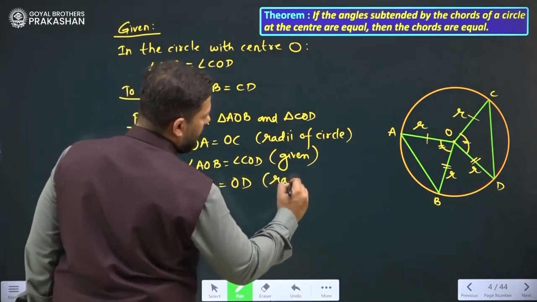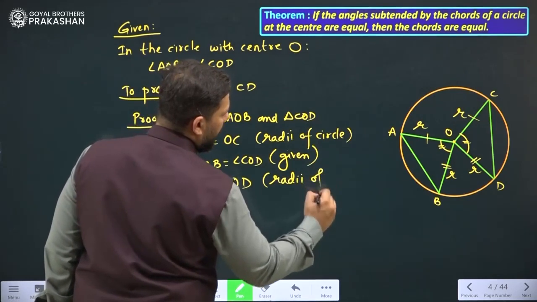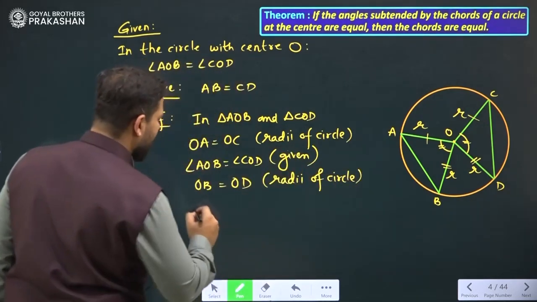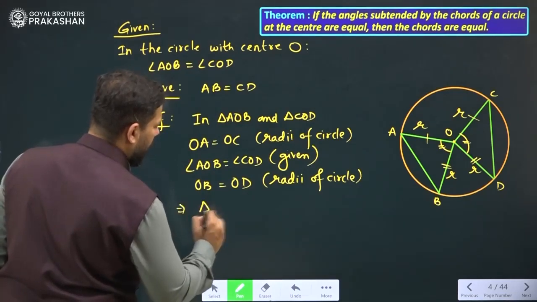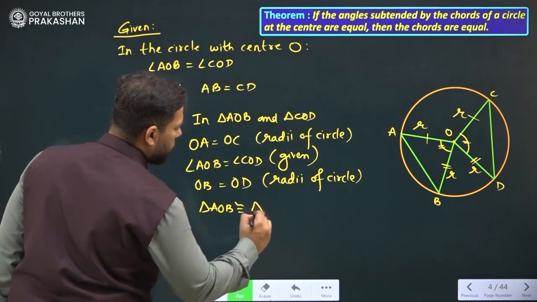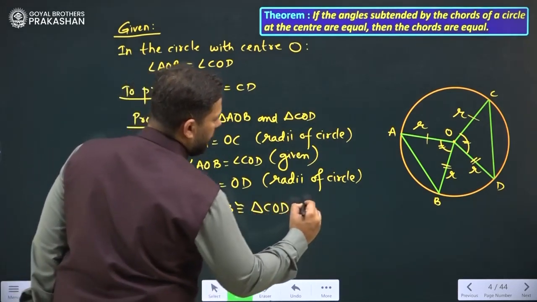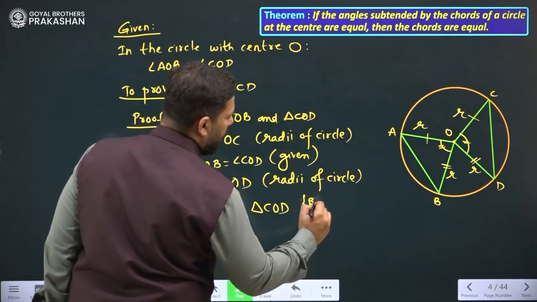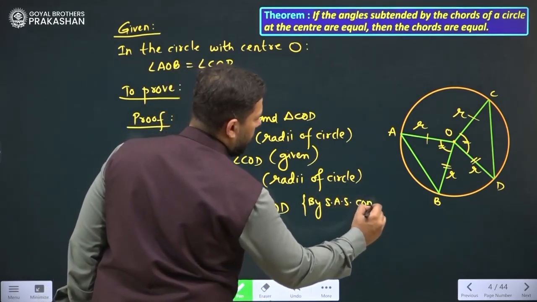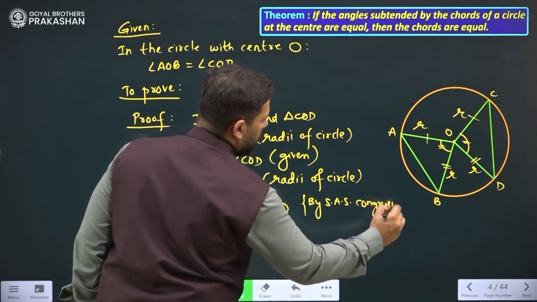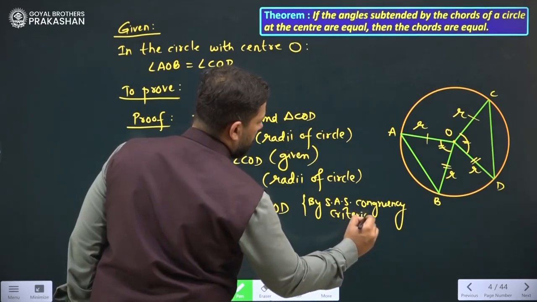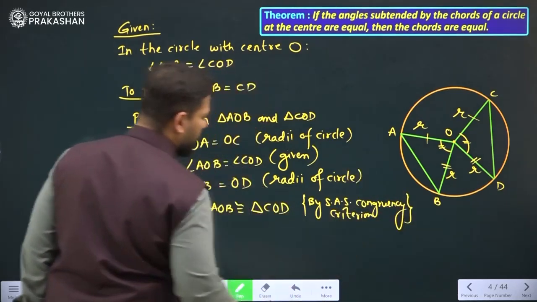This is again radii of circle, right? So by side angle side, we can say that triangle AOB is congruent to triangle COD. We will write the reason: by side angle side congruency criteria, right? So this is the reason behind it.